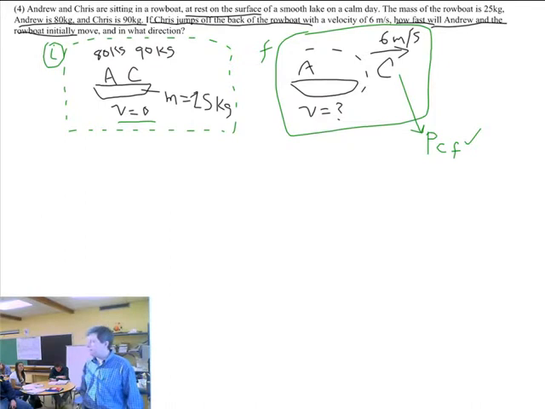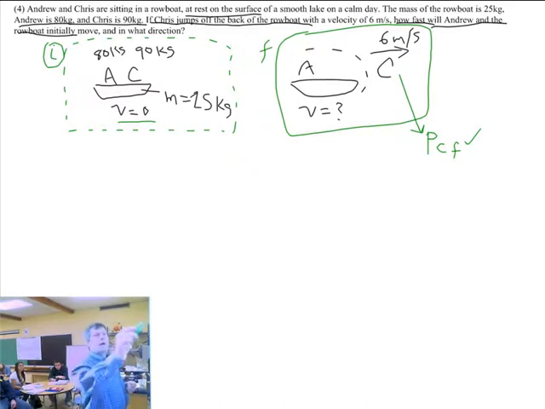Here's where you have to apply a little additional imagination. Why not simply treat Andrew and the rowboat as a single object? They're moving together. I know both of their masses. This is what I can see makes this a simple problem to approach.